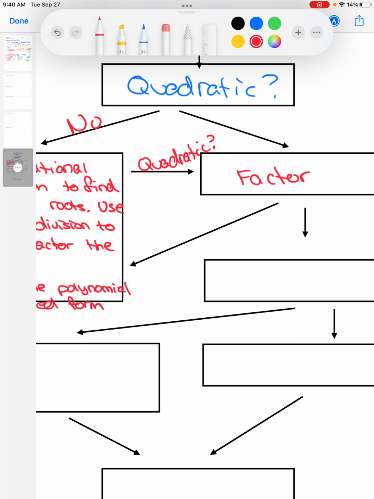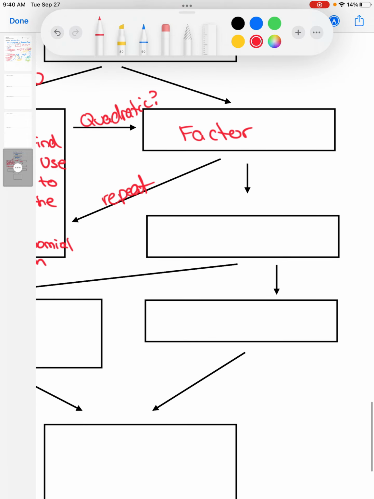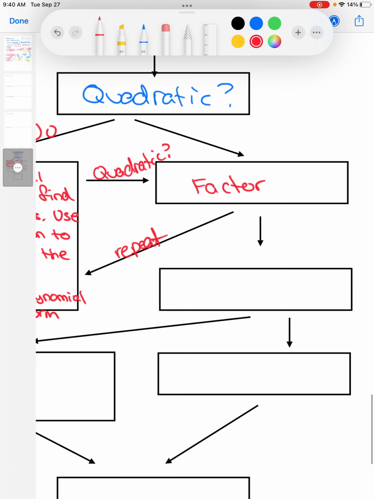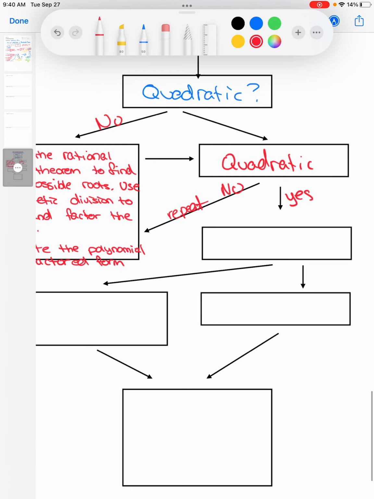If it's not a quadratic, then we go back and repeat synthetic division until we get it down to a quadratic. And then if it is a quadratic, we need to factor it.